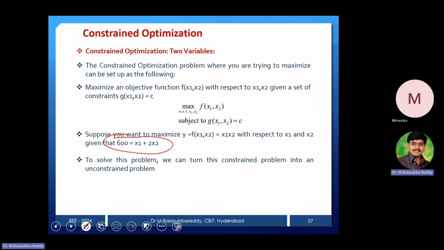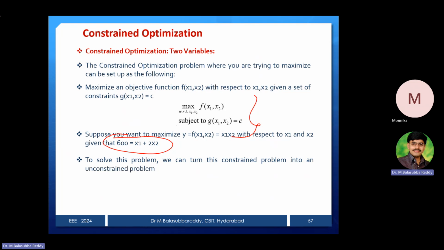Normally, in power system problems, most of the time they are constrained problems, and it is not possible to solve them directly as constrained problems.